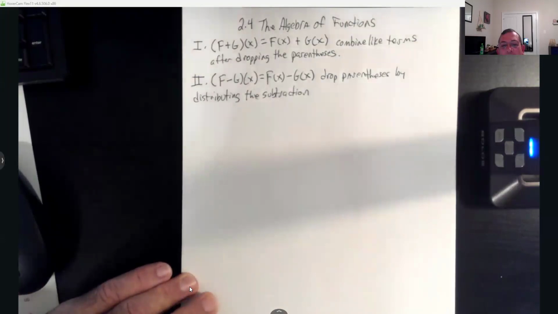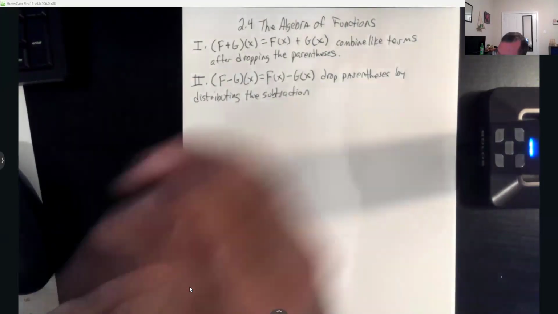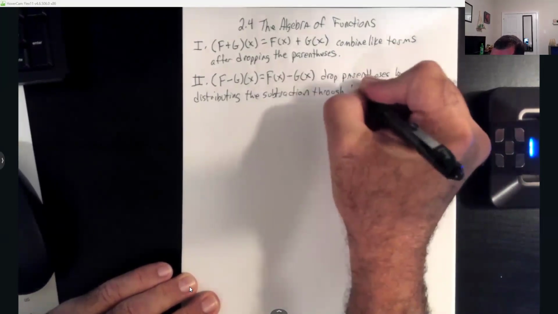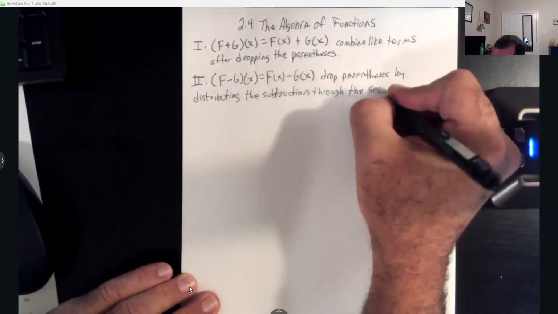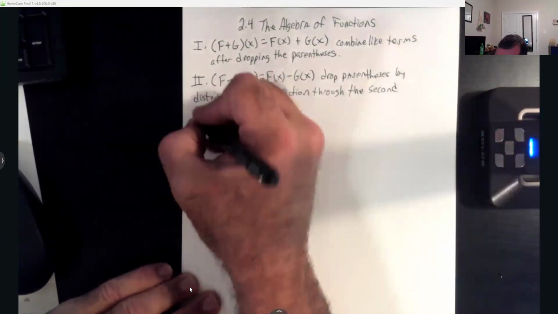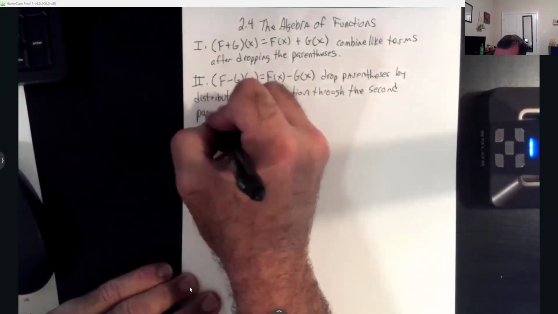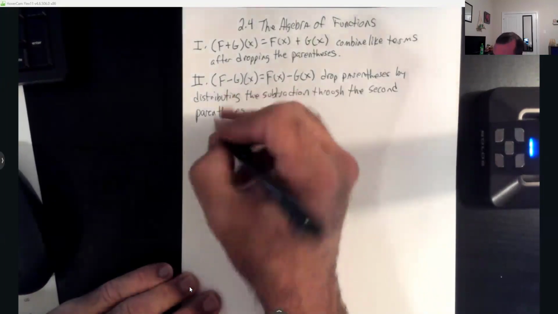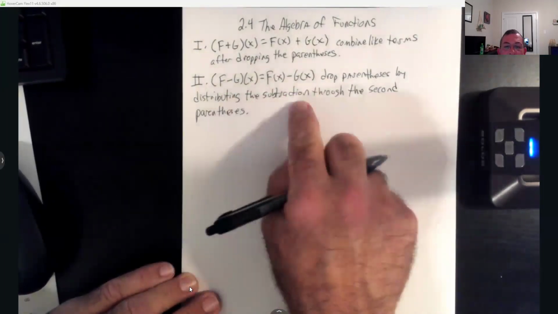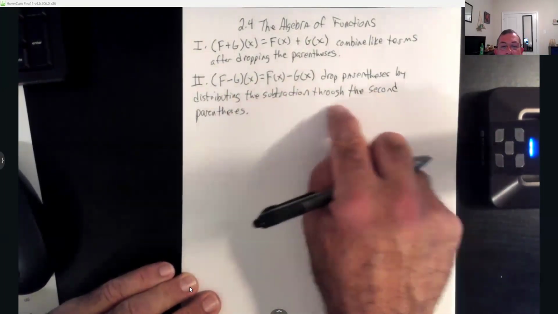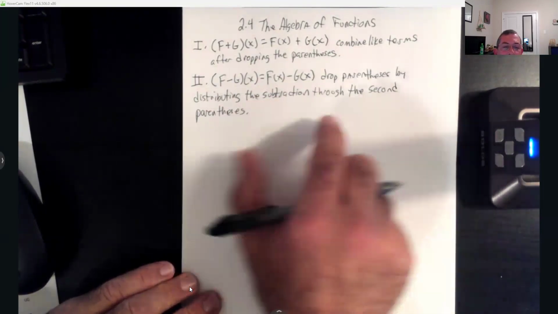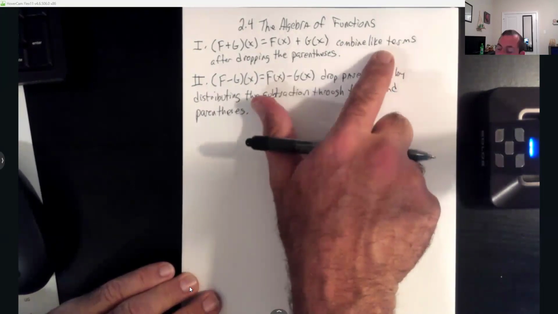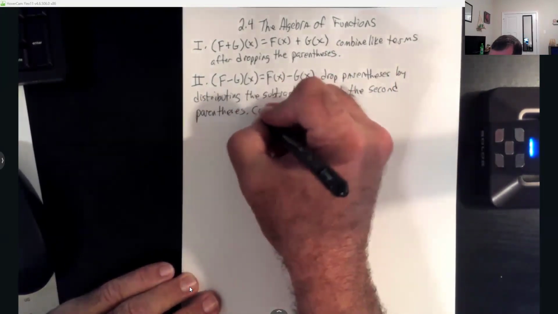So we're going to distribute the subtraction through the second parentheses. Now, after I distributed my subtraction through the second parentheses, there will be no more parentheses left, and then we'll combine like terms.